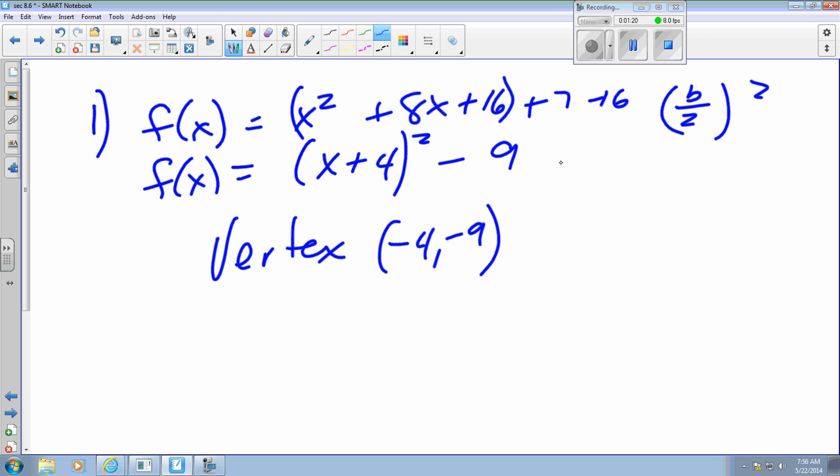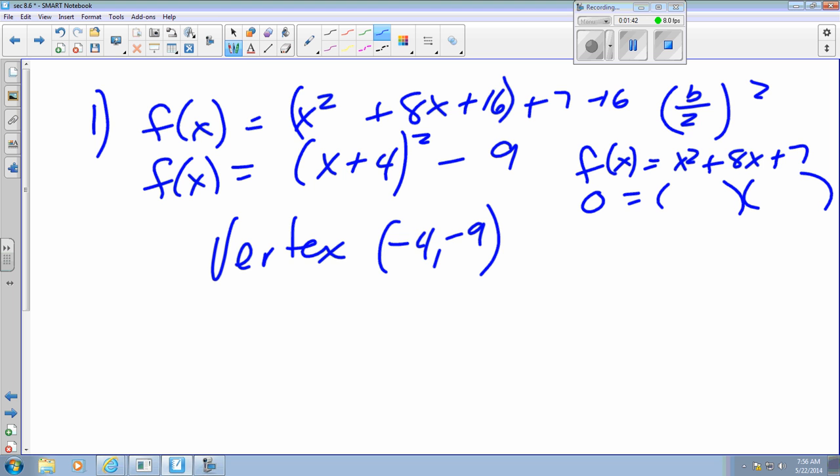Now, if we wanted to, we could go back to our original equation and find the x-intercepts and the y-intercepts. Let's do that. If I have f of x equals x squared plus 8x plus 7, and we want to find our intercepts, set that side equal to 0 because the y values on the x-axis are all equal to 0.